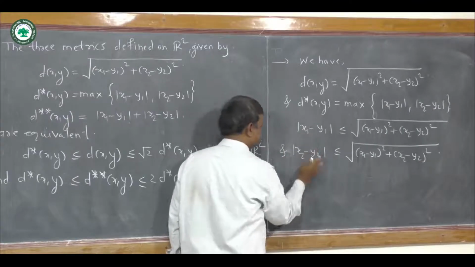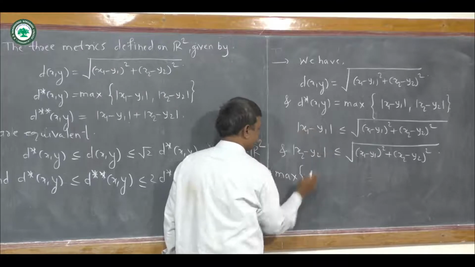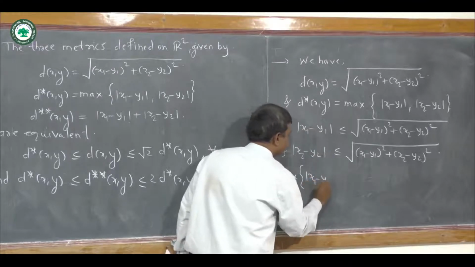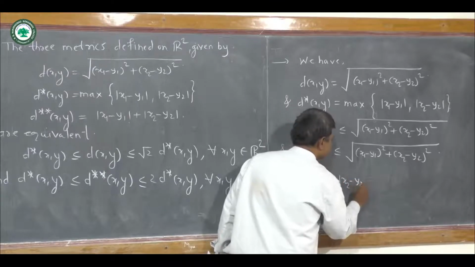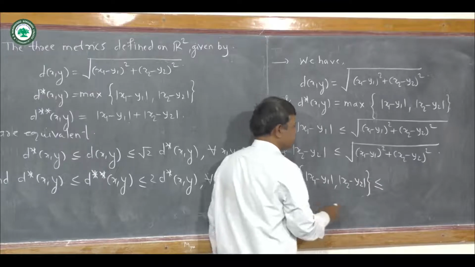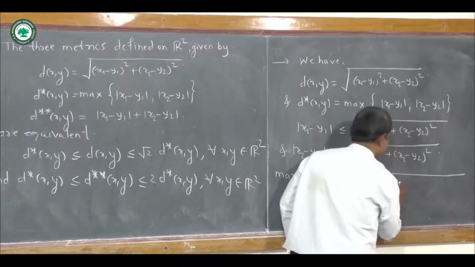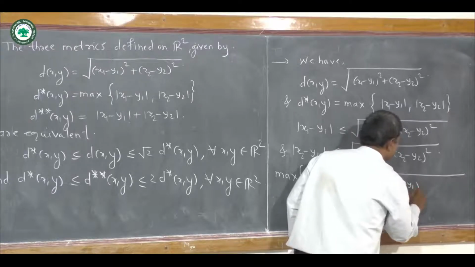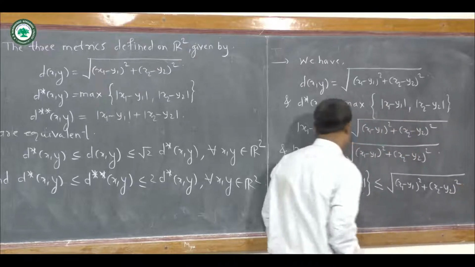If you compare these two and take the maximum value of modulus of x1 minus y1 and x2 minus y2, then that value is always less than or equal to square root of (x1 minus y1) square plus (x2 minus y2) square.